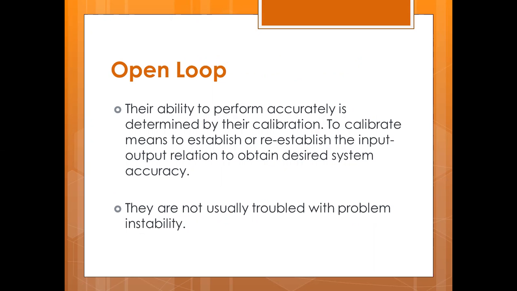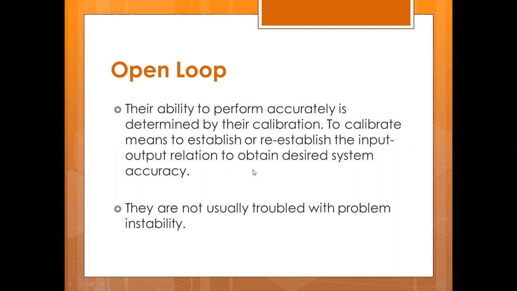Now, another definition of open loop, this time from a different source. Open loop systems have the ability to perform accurately as determined by their degree of calibration. They can perform accurately as long as they are calibrated. To calibrate means to establish or re-establish the input-output relation to obtain desired system accuracy.